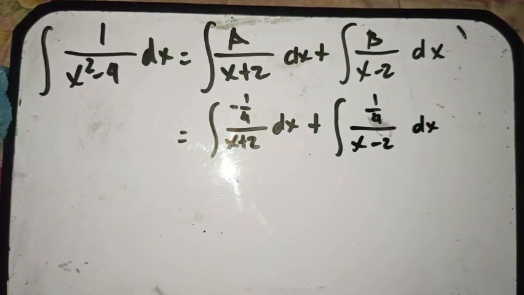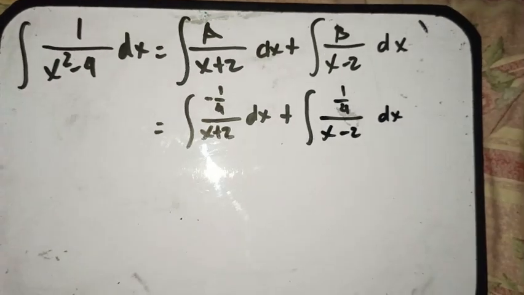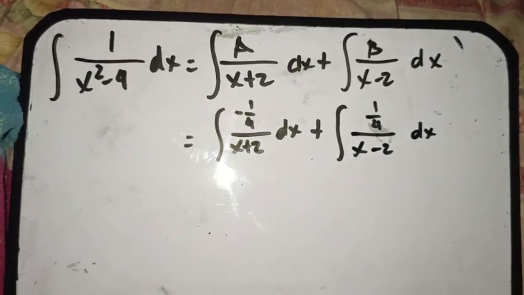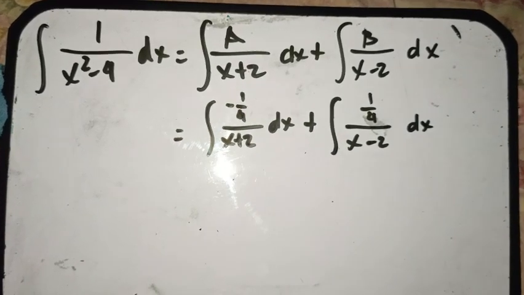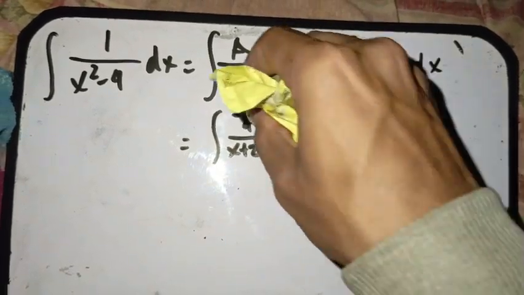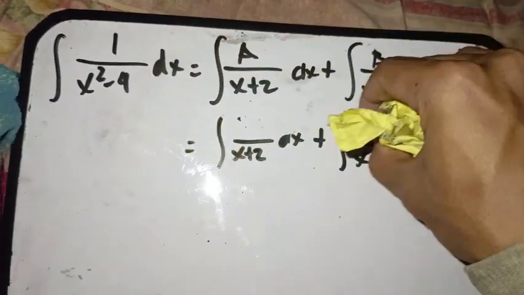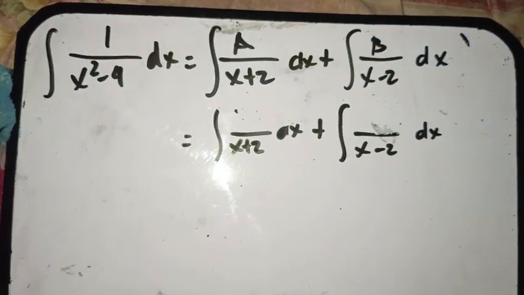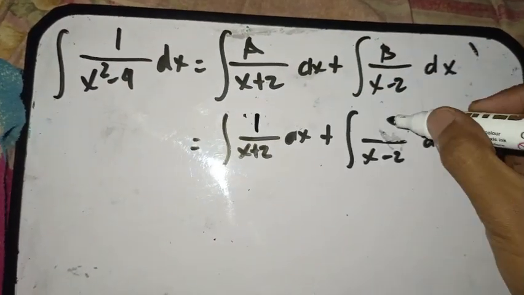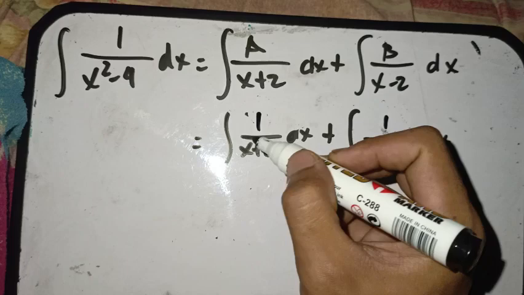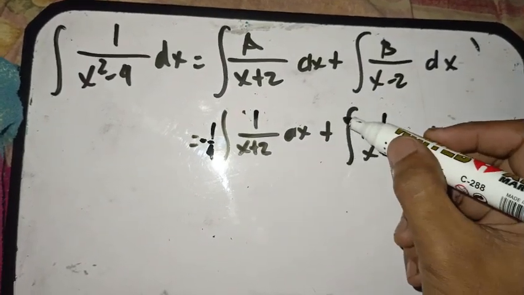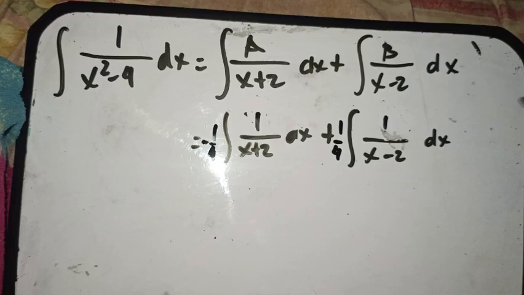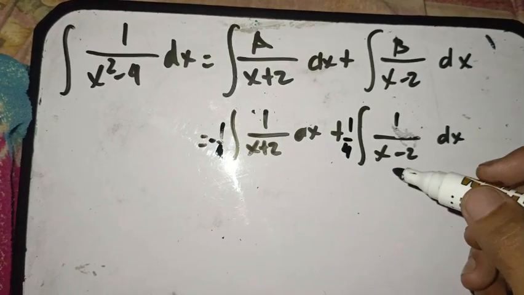What we want to do here is put the 1/4 outside the integration, so we are left with 1 over x plus 2 with negative 1/4 outside, and 1 over x minus 2 with positive 1/4 outside.